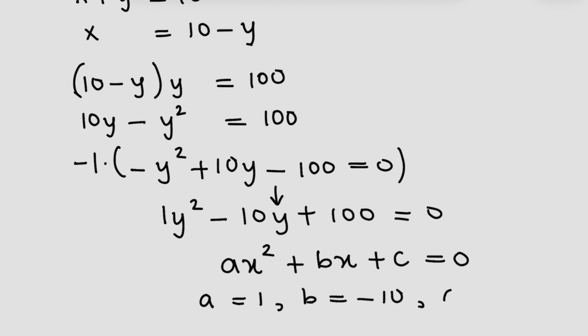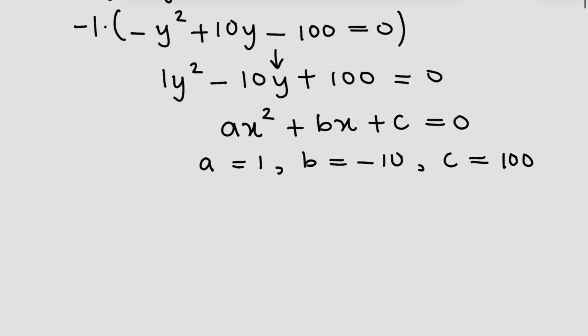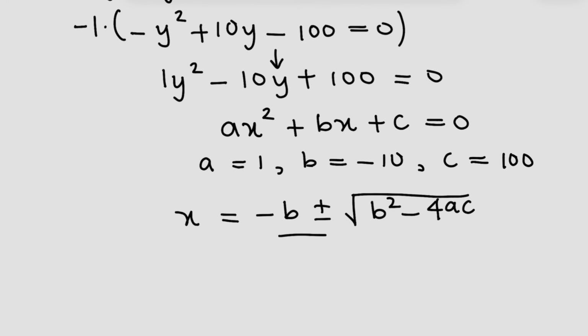And then our c is the constant term, 100. The formula we are going to apply is x equal to minus b plus or minus the square root of b squared minus 4ac, all over 2a.